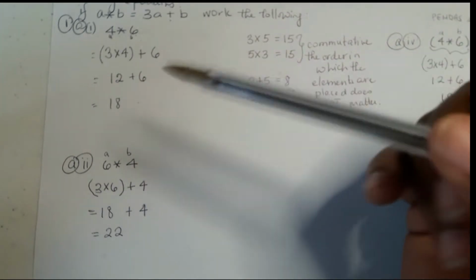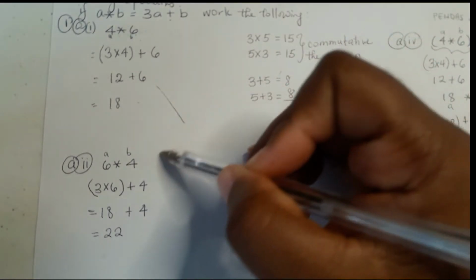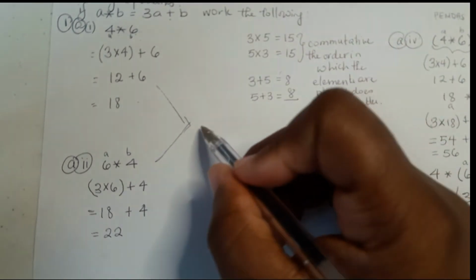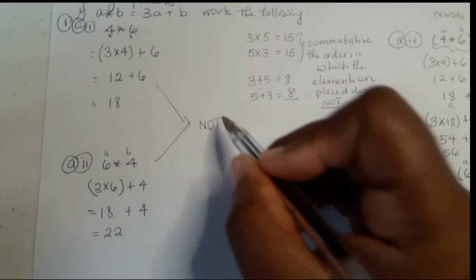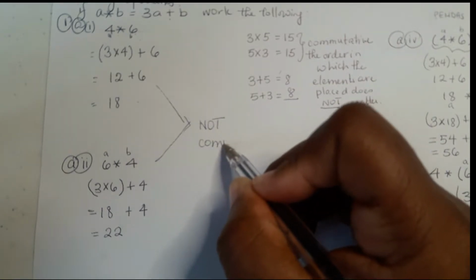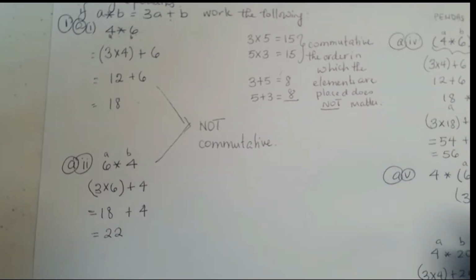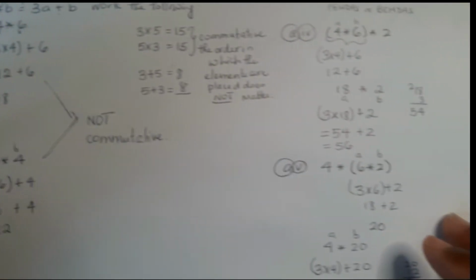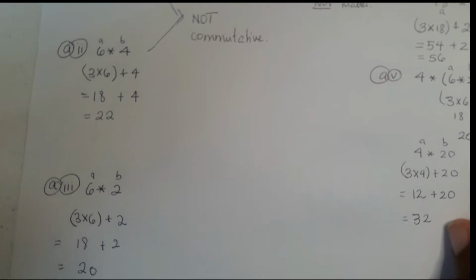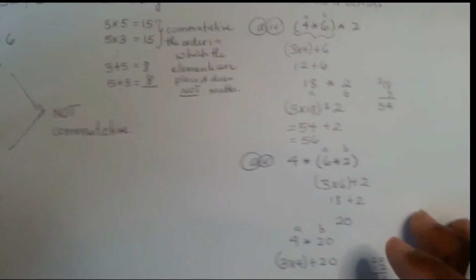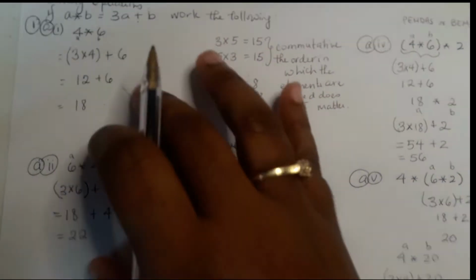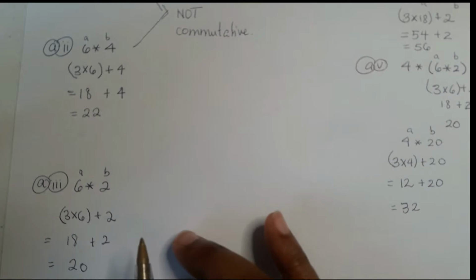So therefore, these two are not commutative. Okay? Now, there was another one, 6 by 2, but no, that was just a practice question after these two up here. This was just to make sure you got it.